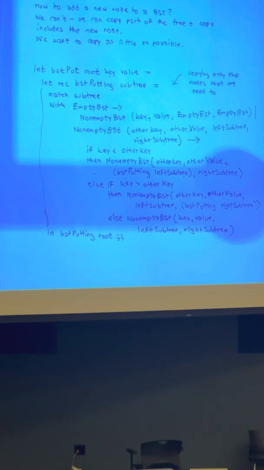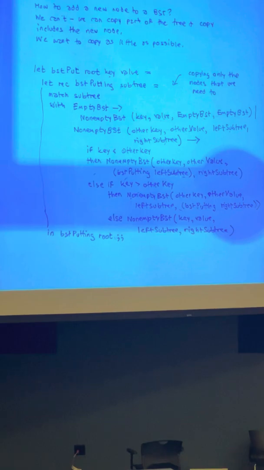And go ahead. Is BST put able to access the value of key by nature of it being within BST put? Yes. You can pass it through as another parameter or anything? Yes, that is exactly right. If I define one function inside of another, the internal function can see things that were set up by the outside function. Then why do we have to pass through subtree?